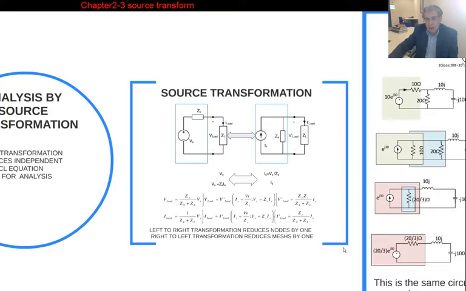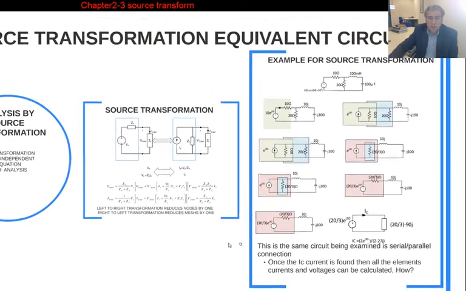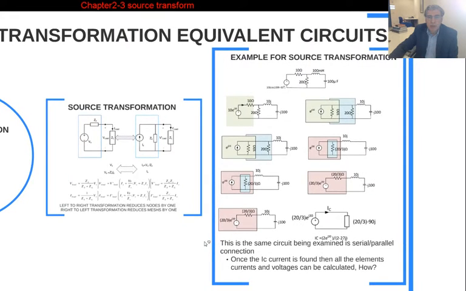Maybe we could understand a bit better if we examine the situation on a given circuit. This circuit is the one that we used for the serial parallel connection equivalency. We will be analyzing this circuit by using the source transformation. You can transfer this time domain circuit to the frequency domain circuit.